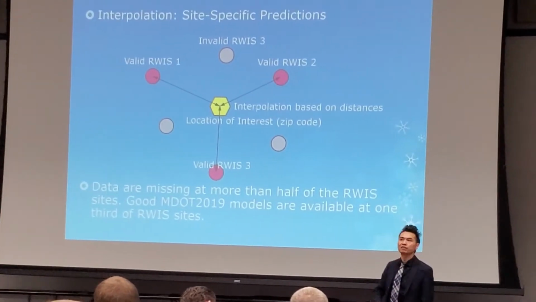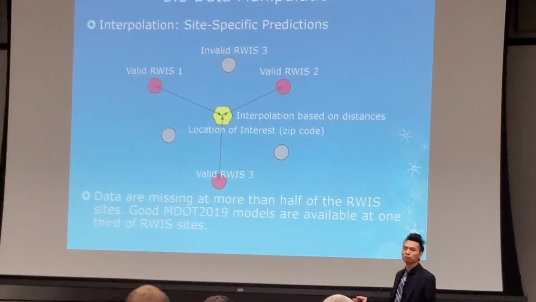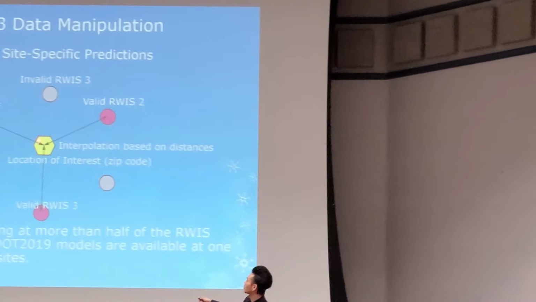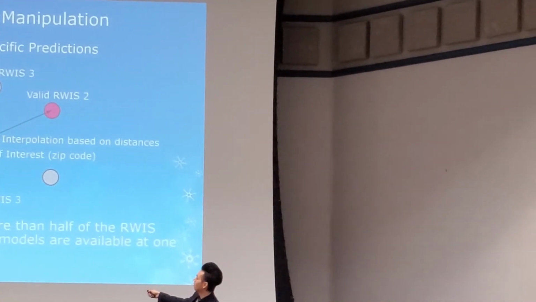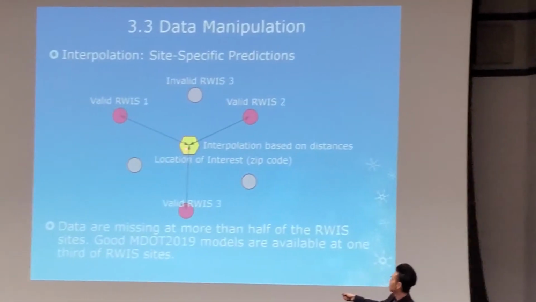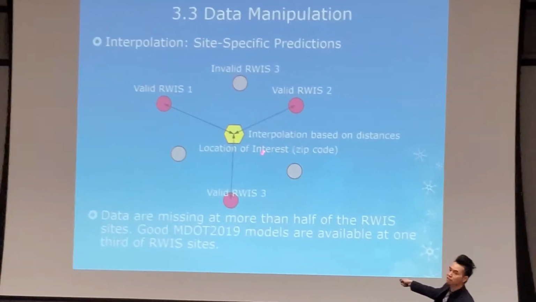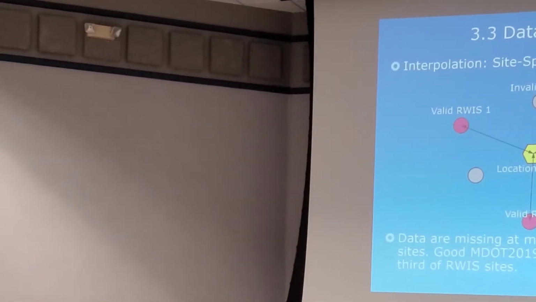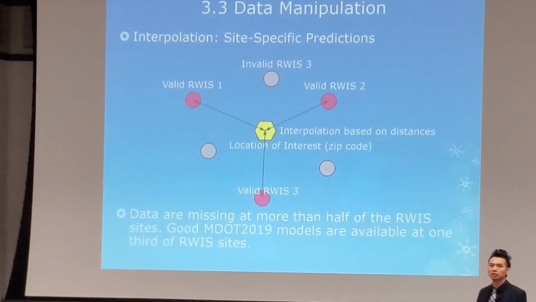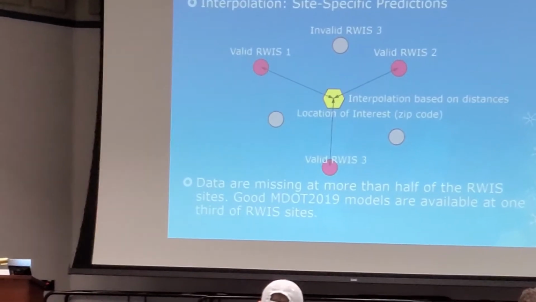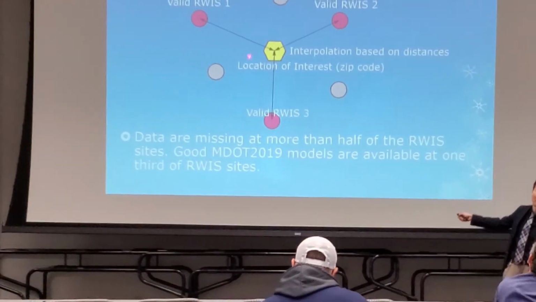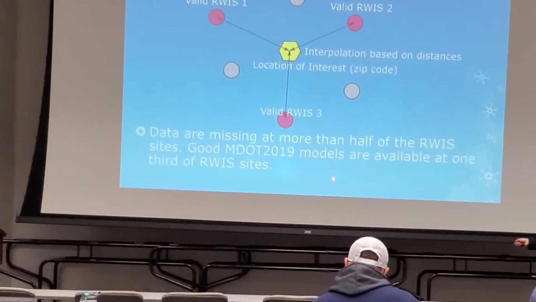We did this for all the sites, and I think somewhere between 1/3 and 1/2 of these sites give us good data for developing the FD and TD prediction models. For the other ones, we just call them invalid. But for some of them, the contractors are continuously working on this, so they will constantly make improvements and get some of them back from invalid to valid. So we don't know what's going to happen in the future.